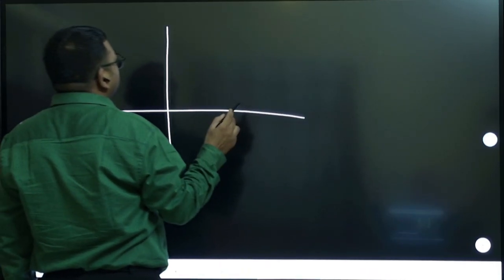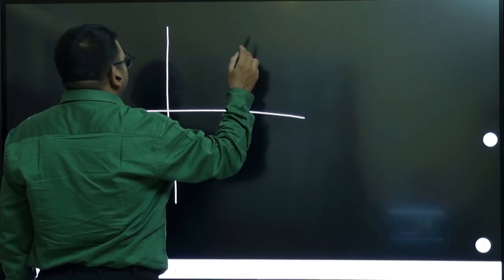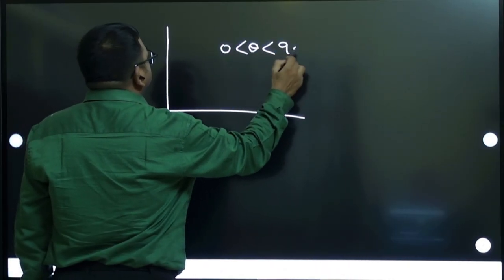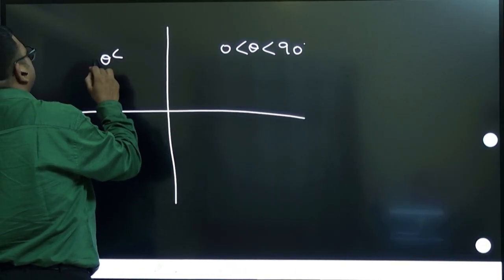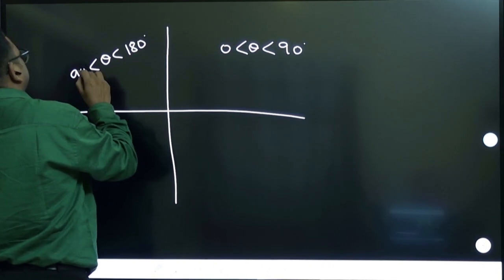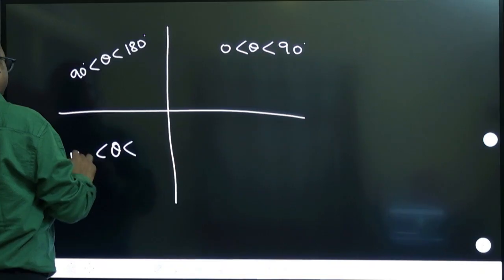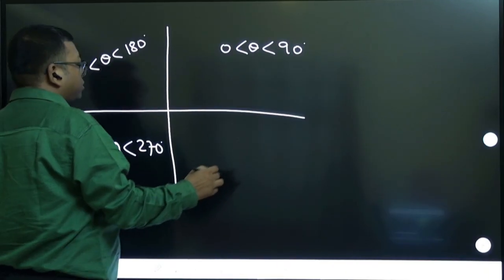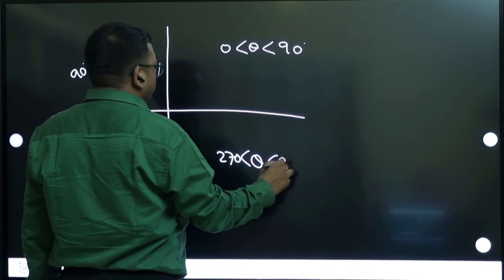This is the quadrant. Here, in the first quadrant, any angle you take will always lie between 0 and 90 degrees. In the second quadrant, the angle will lie between 90 and 180 degrees. Here the angle will lie between 180 and 270 degrees, and in the fourth quadrant the angle will lie between 270 and 360 degrees.